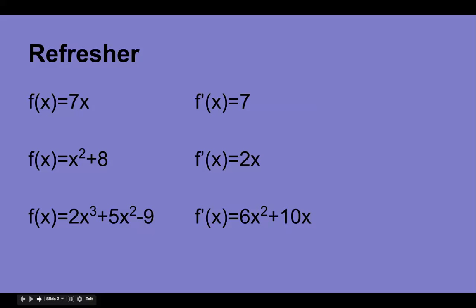And you have 5x squared: the 2 multiplies times the 5, and you subtract 1 from the 2. Then you have 2x cubed: 3 times 2 is 6, and you subtract 1 from that 3, making the exponent 2. So it becomes 6x squared plus 10x.